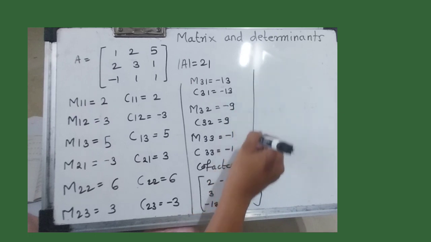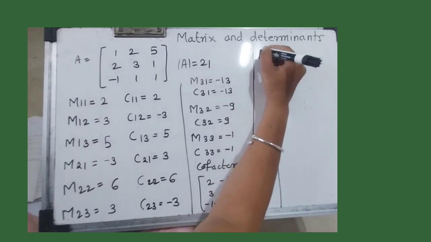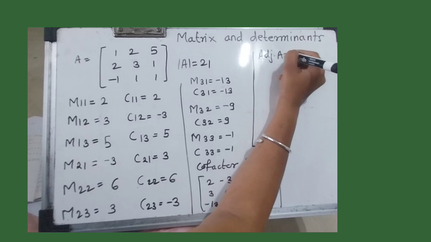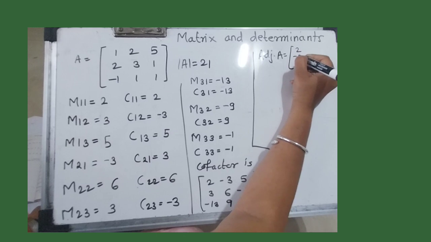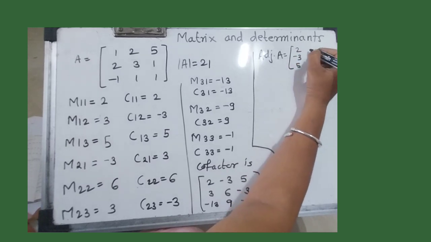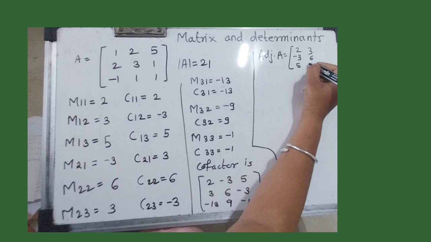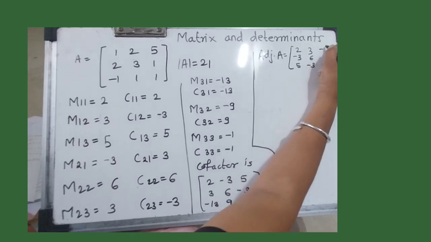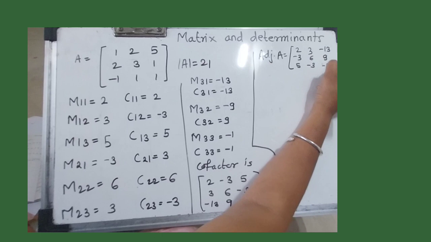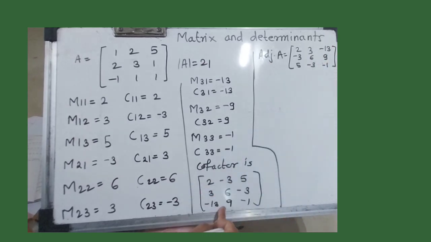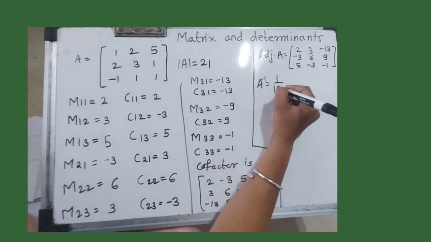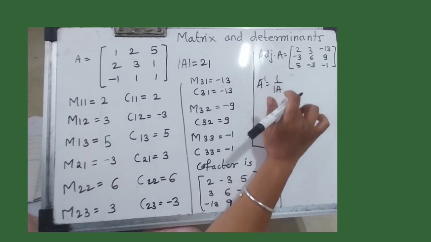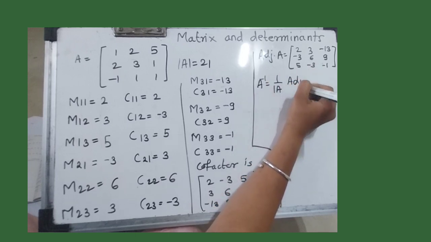Take its transpose and call it the adjoint of A. Adjoint of A is, see, 2, minus 3, 5, 3, 6, minus 3, minus 13, 9, minus 1. What do we do here? Transpose of this. This is my row, I write it as a column. Now apply the formula. A inverse equals 1 upon determinant A into adjoint of A.